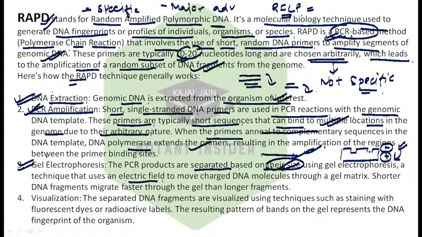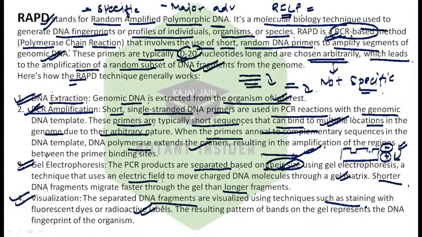So it is going to move from the negative point to the positive direction on the gel matrix. The shorter the fragment, the faster it moves, and the longer the fragment, the slower it moves. Then we do the visualization and our required study. Then these DNA fragments are visualized using staining, and they are radioactively labeled if it is required.